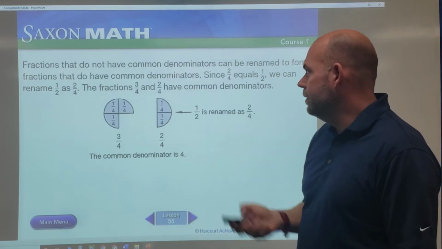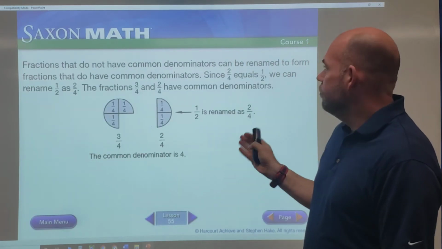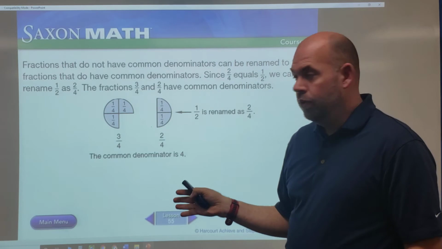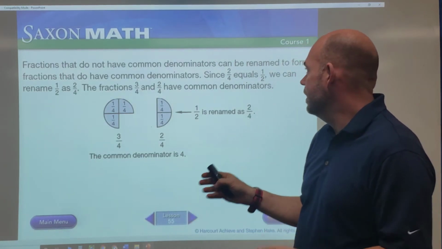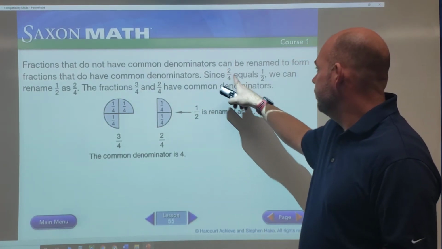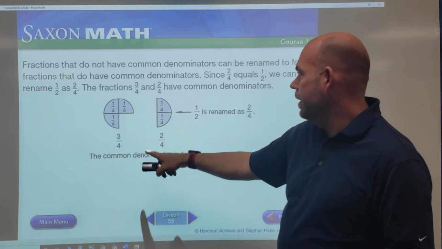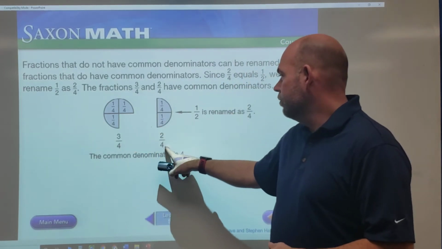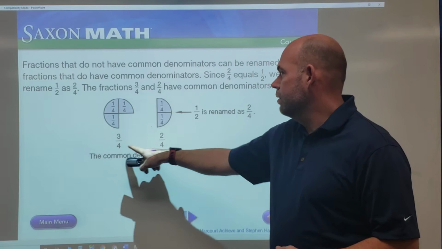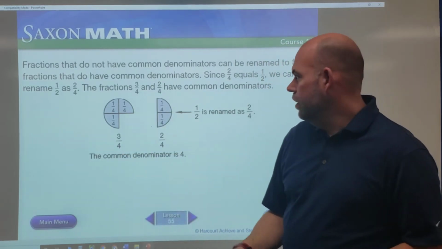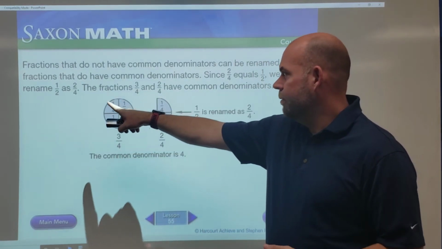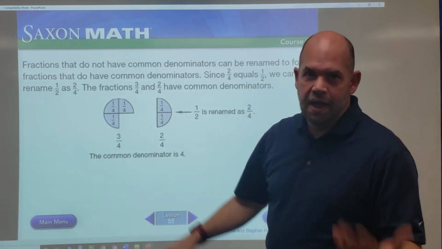So when you don't have common denominators, what you're going to do is rename them with the least common denominator. So since 2/4 equals 1/2, we can rename 1/2 as 2/4. So now our least common denominator is going to be 4. And we do that again, we take that 1/2 and we just multiply that by 2 halves, right?